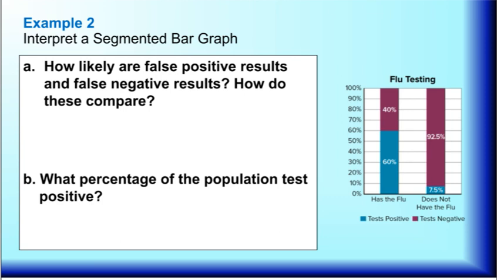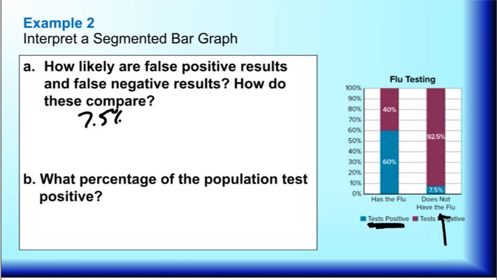So now if we look at how likely are false positive results, for the false positive, I have to look at those that do not have the flu. Those that do not have the flu is right here in this bar. So that means they don't have the flu, but it shows that they tested positive, and that would be 7.5%.